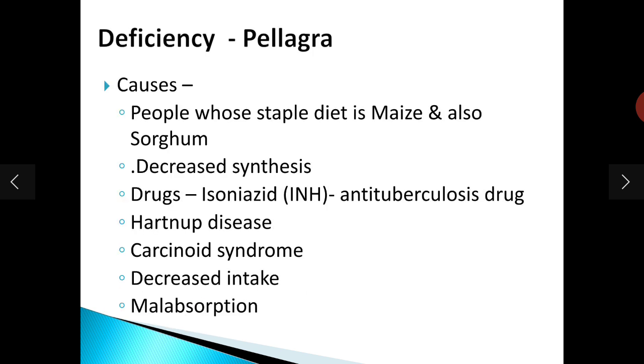Coming to the deficiency, niacin deficiency leads to a disease called pellagra. The causes of deficiency are: people whose staple diet is maize and sorghum, and decreased synthesis, due to drugs like INH, that is isoniazid, an anti-tuberculosis drug, Hartnup disease, and carcinoid syndrome, and decreased intake and malabsorption.